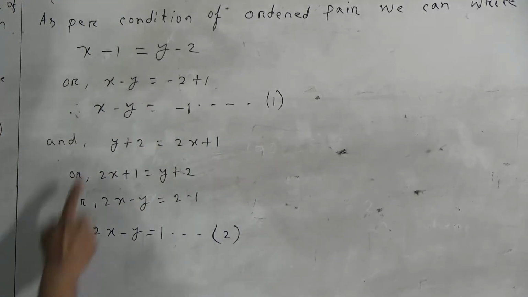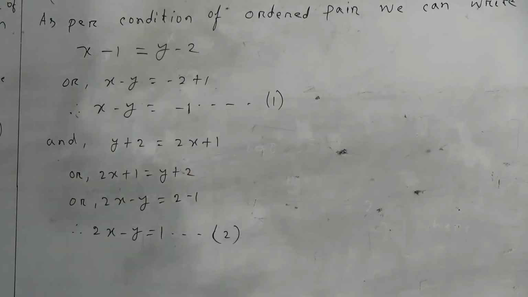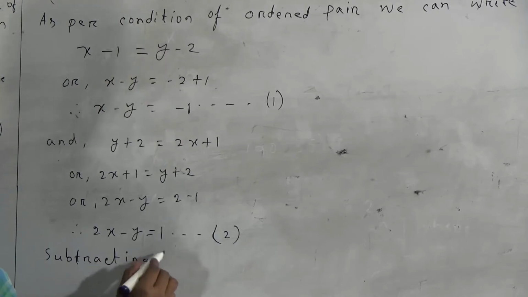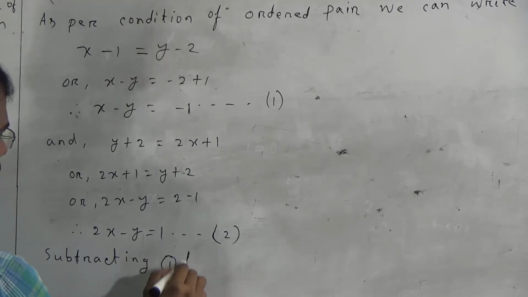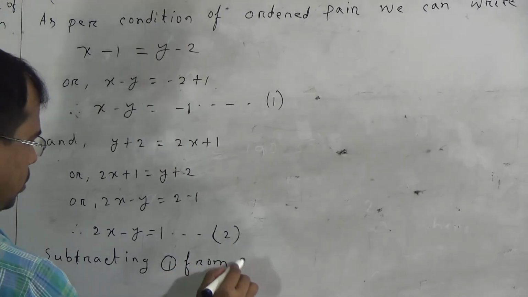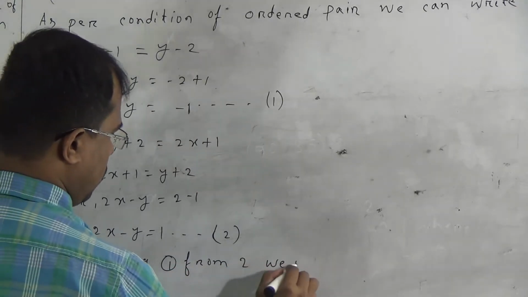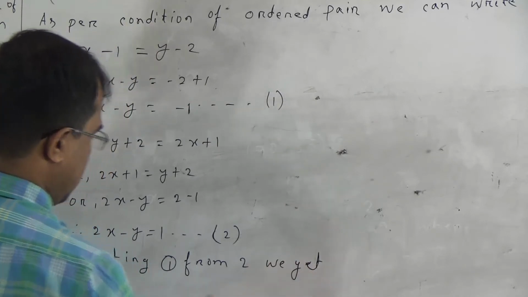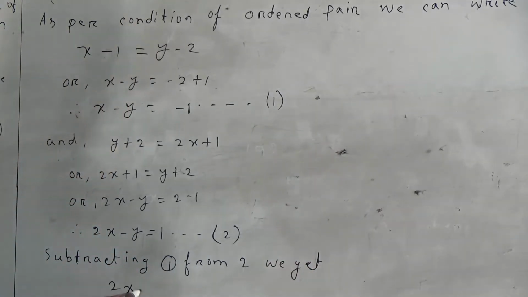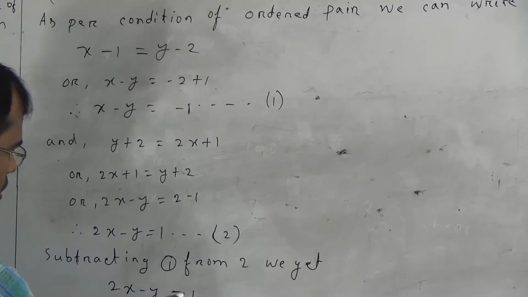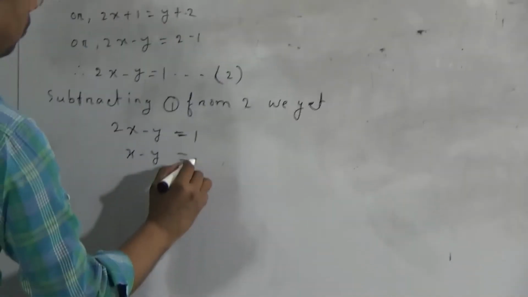At first we will subtract equation 1 from equation 2. At first we will write equation number 2, 2X minus Y is equal to 1, and X minus Y is equal to minus 1.